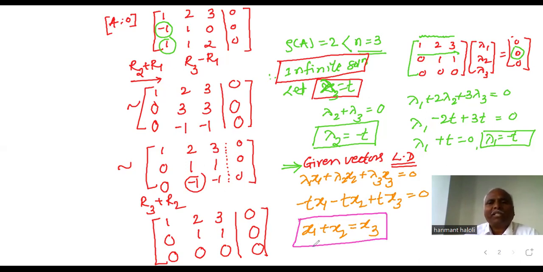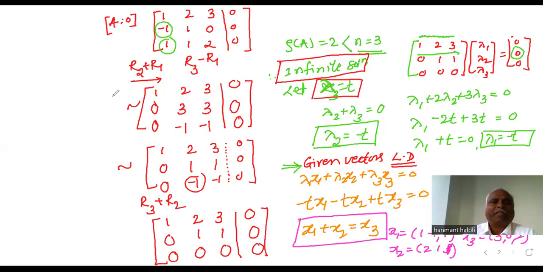Now here is an important trick to check whether the relation you got is correct or not. The given x1 vector is 1, minus 1, 1. Then x2 vector is given to you, that is 2, 1, 1, and x3 is given to you as 3, 0, 2. Now check whether our answer is correct or not.